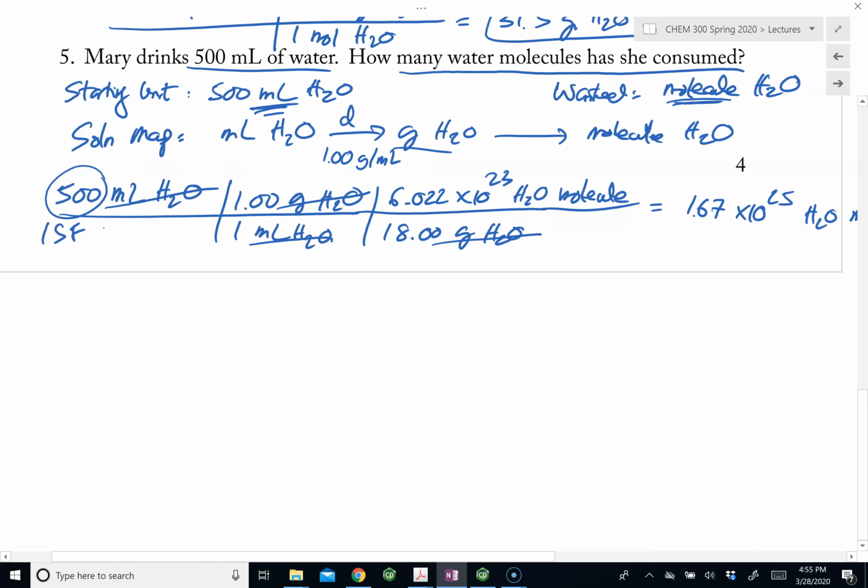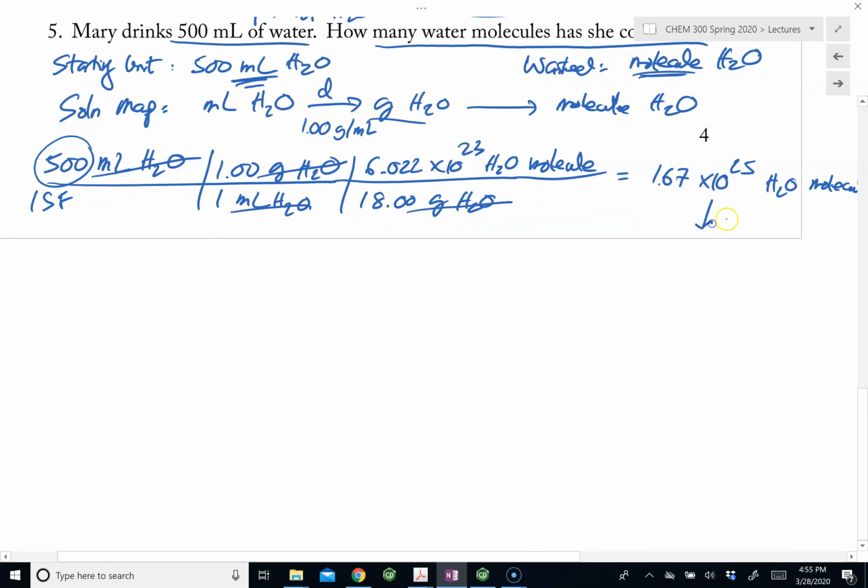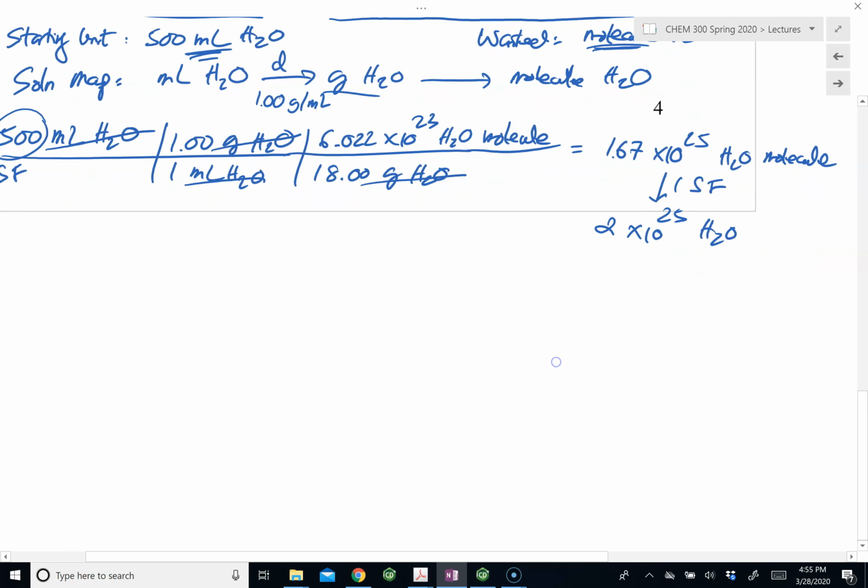And that is the least amount of sig figs that we have here in this problem. So therefore we have to round this to 1 sig fig, which would then equal 2 times 10 to the 25th water molecules. So do not forget the unit molecule in here. And that will then be our final answer.